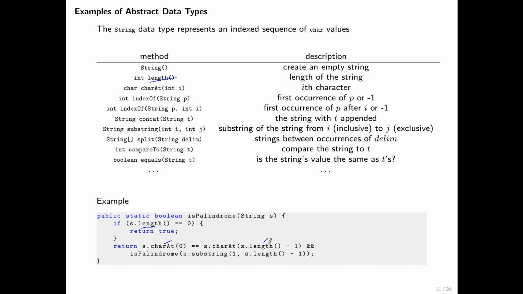If those are the same, and if everything in between is a palindrome, so that's the recursive call, meaning the substring of s starting at 1 all the way up to the last but one character, is also a palindrome, then the string s is a palindrome. That's a very nice recursive approach to figuring out if a string is a palindrome or not.